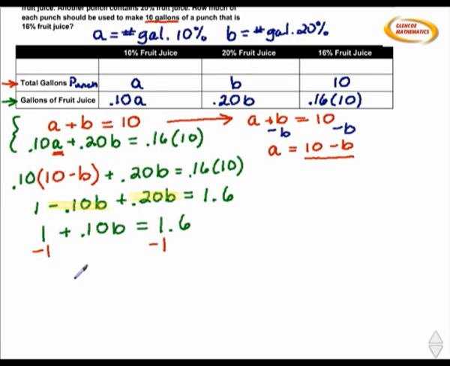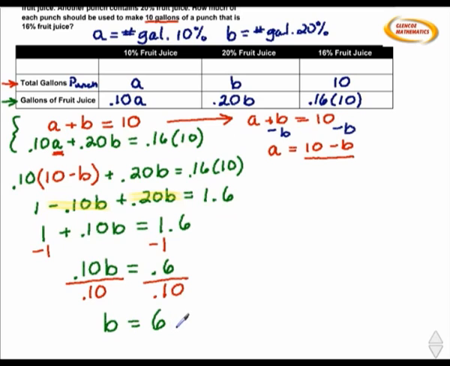And that leaves us 0.10B is equal to 0.6. And now we'll divide both sides of our equation by 0.10, our coefficient of B. And we find that B is equal to 6.